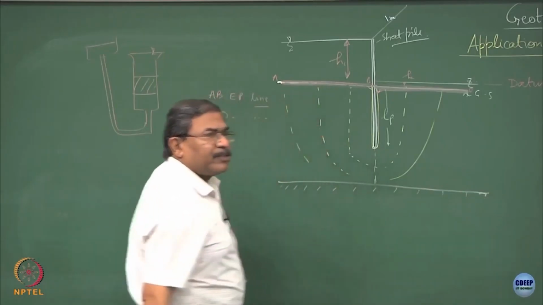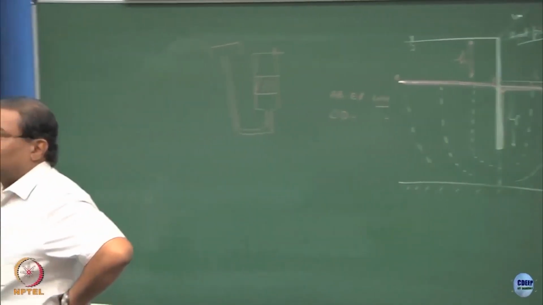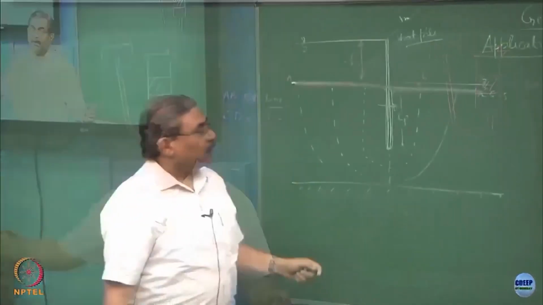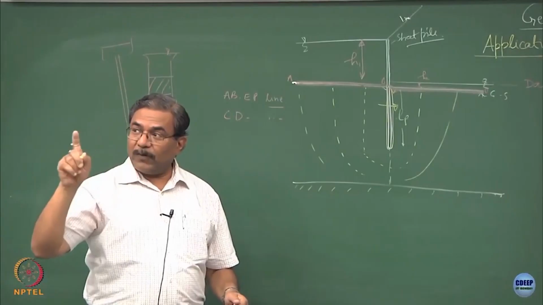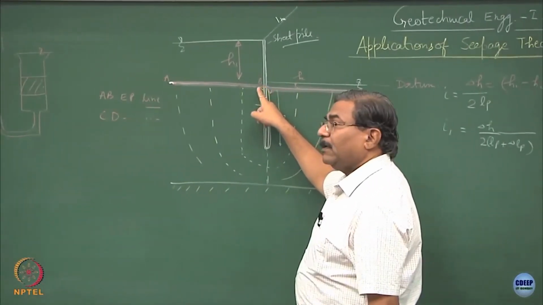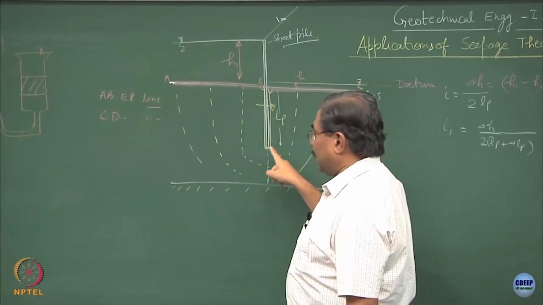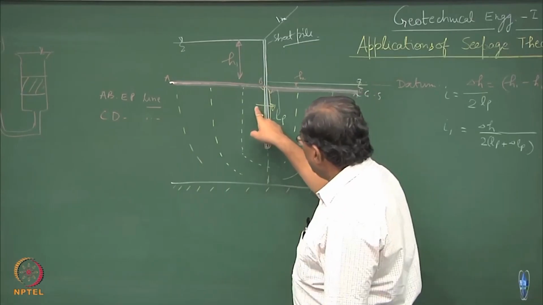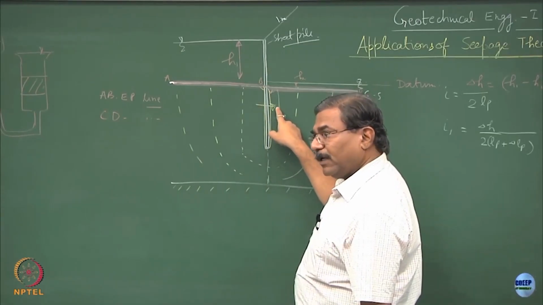What is the characteristic of the sheet pile? Is this pervious or impervious? Sheet pile itself is impervious, correct. So one more condition which we are going to put over here is, by virtue of being an impervious element, be it steel, concrete or composites, no flow is going to take place across this line, clear.